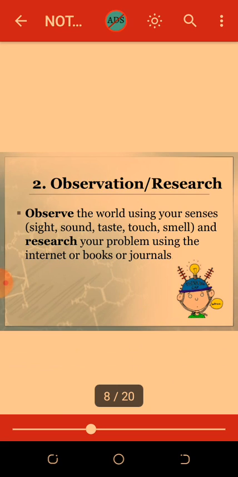As you know, observation may be qualitative or quantitative. Qualitative is observed but not measured, while quantitative observation can be observed and can be measured, like length, weight, etc.